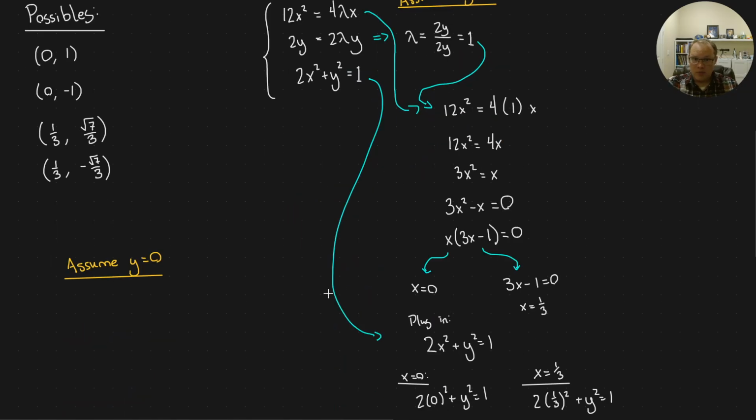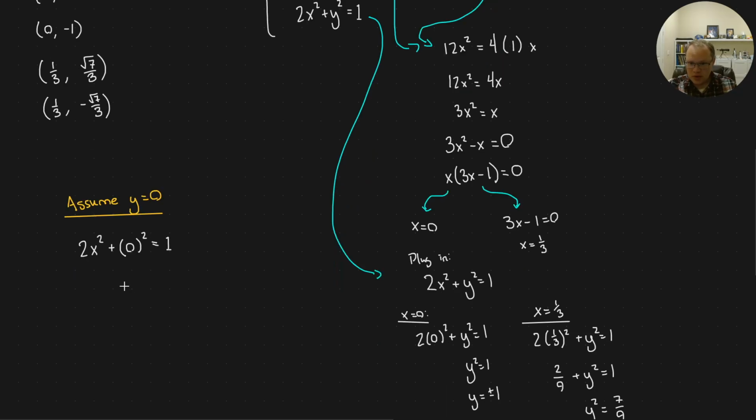Okay, so I'm going to grab 2x squared plus y squared, plug in 0 for the y, equals 1. Of course, 0 squared is just 0, so if I solve for x squared, I get x squared equals 1/2, or x equals plus or minus 1/√2.